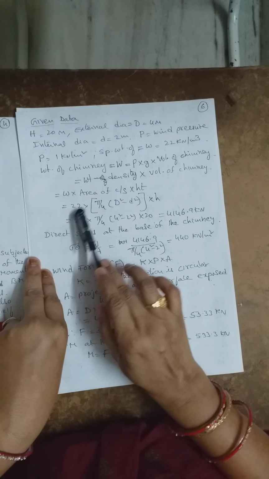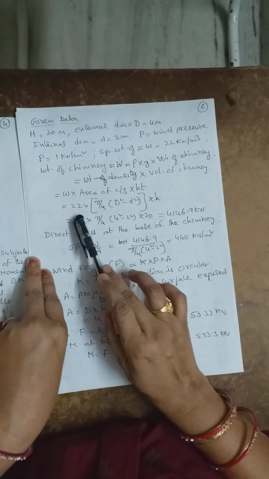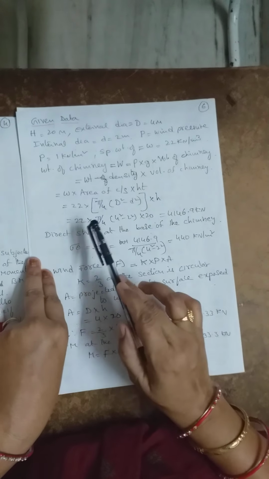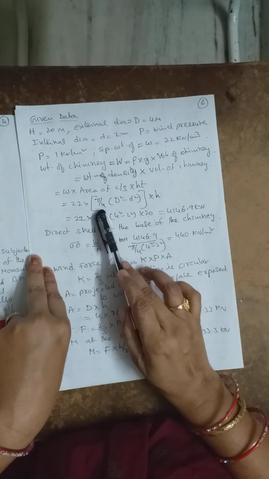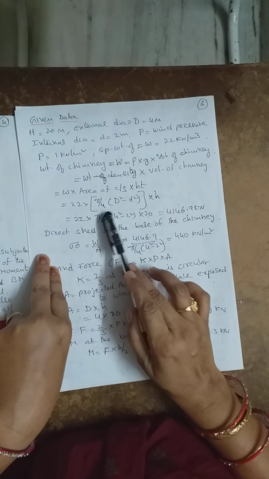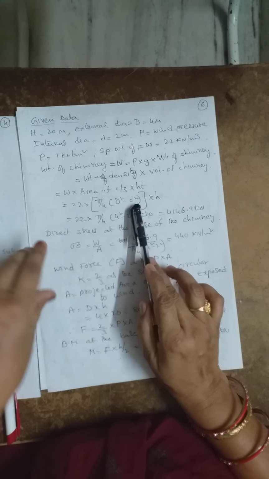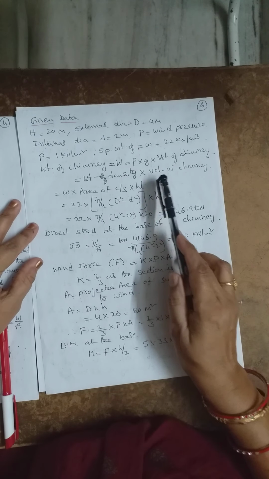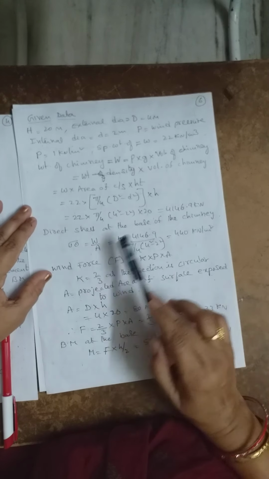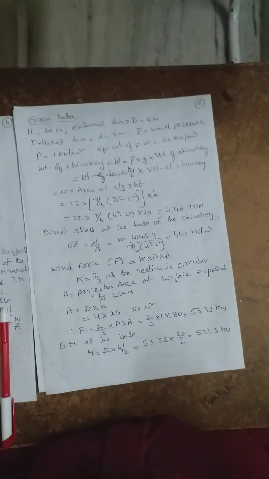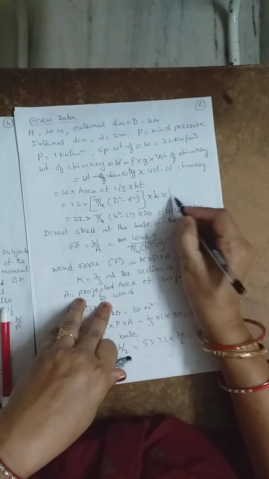So w is given in the question as 22 kilonewtons per cubic meter into the area, because it is a hollow circular chimney with circular cross section. So the area is pi by 4 into capital D square minus small d square. As we are finding the volume, it is multiplied by the height of the chimney, that is h. Of course for 1 meter, we take it as 1.